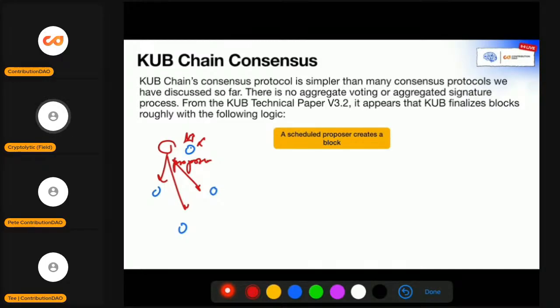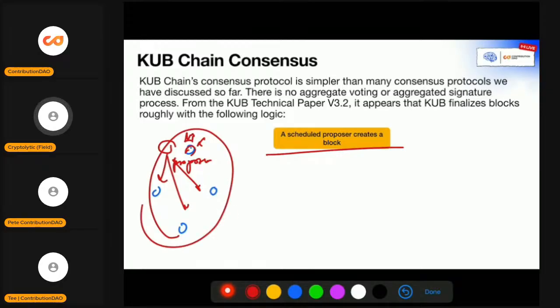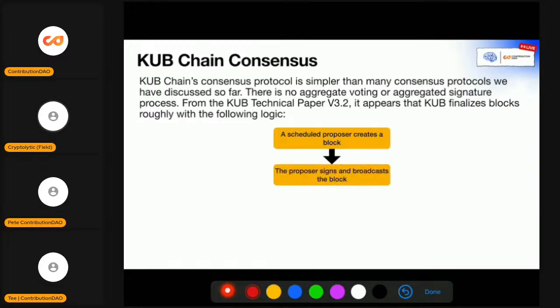So the steps are that first, from the validator set, one of them is chosen as a proposer and creates a block and then proposes the block. Proposing a block means that it just signs the block and then broadcasts it to the other validators in the network.